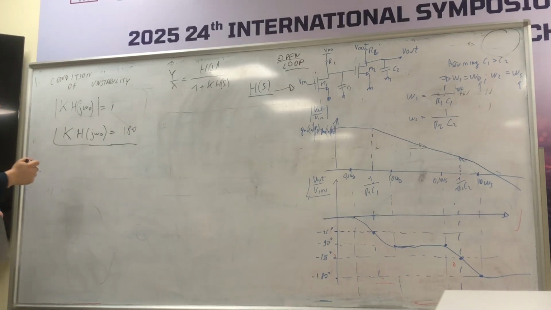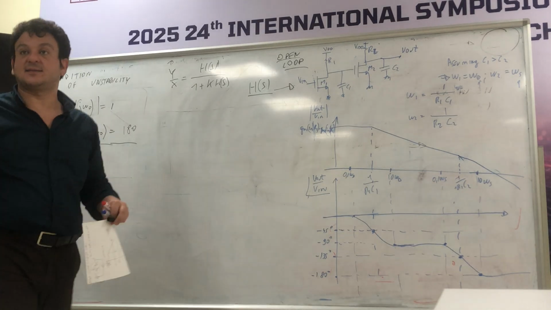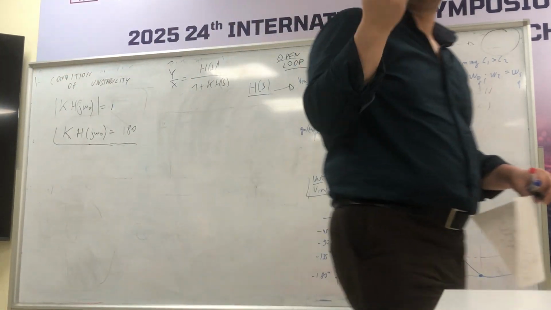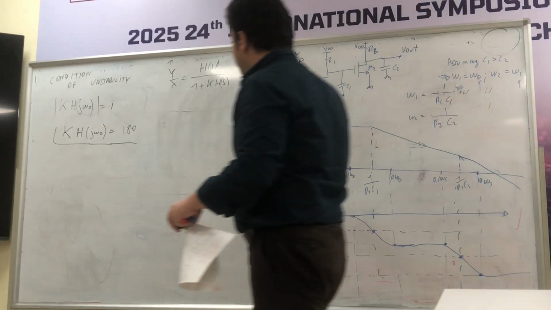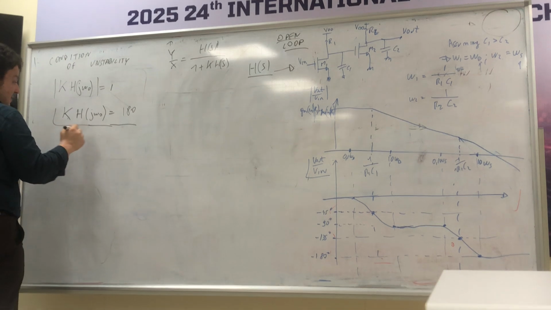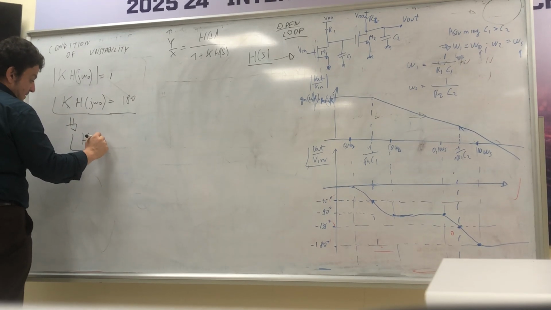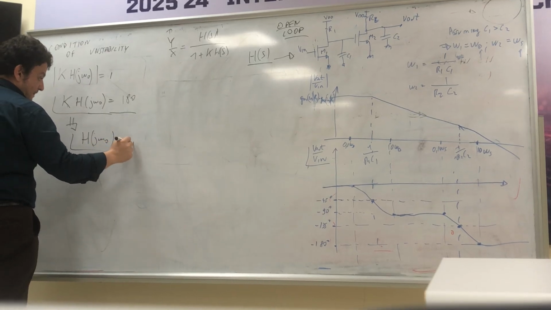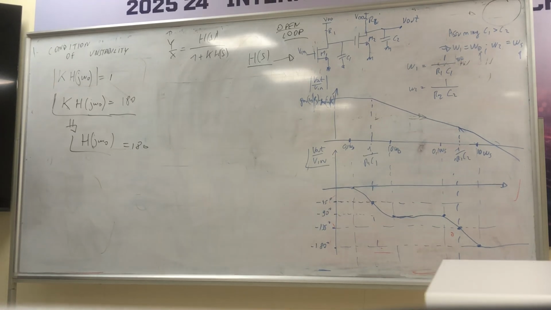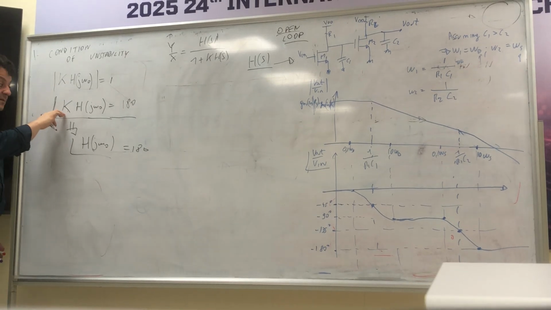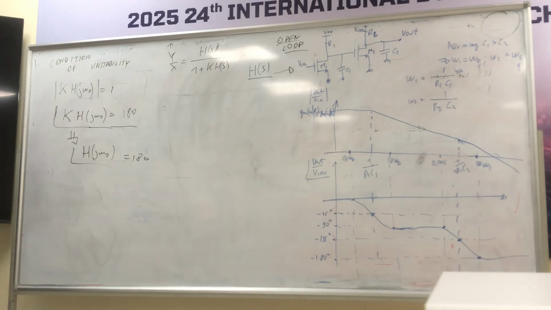Actually, as I told you, usually H, for simplicity, is just a resistance. So it has a component that does not change over frequency, not an active element. So I may write that this condition is also simply this condition, because usually this is just a constant and has no phase.